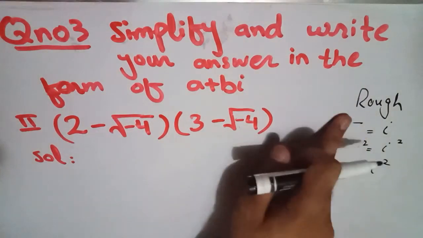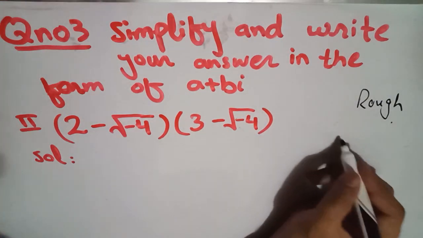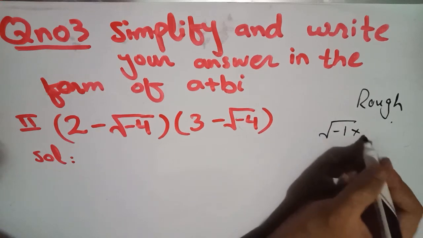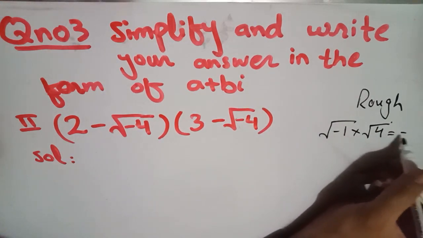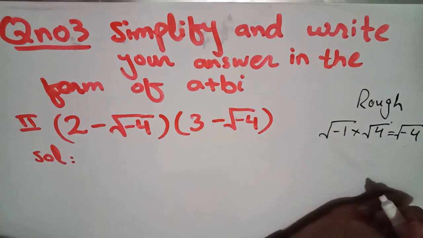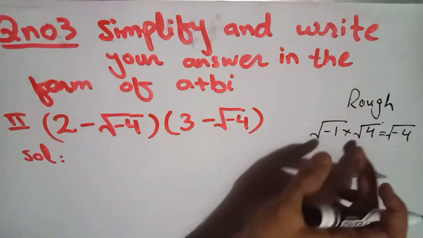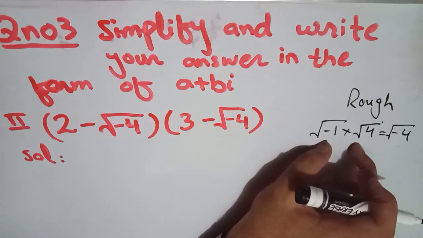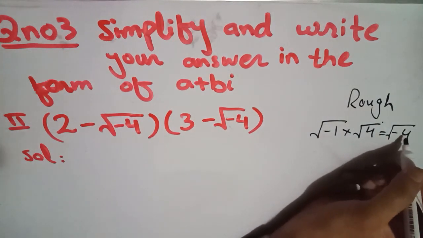So by simplifying, simply let me tell you, minus 1 multiplied by under root 4 can be written as minus under root 4. Minus 1 multiplied by under root 4, because in the under root the constants can be multiplied, so it will be minus 4's under root.